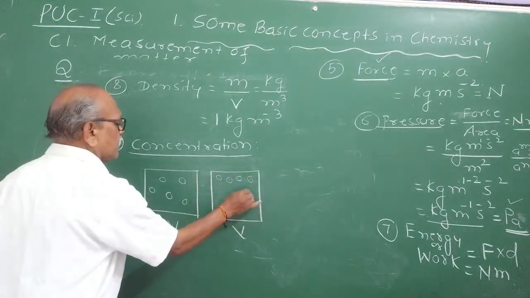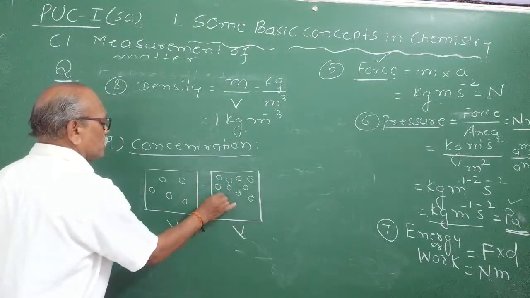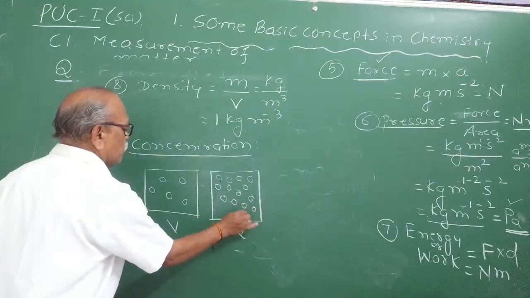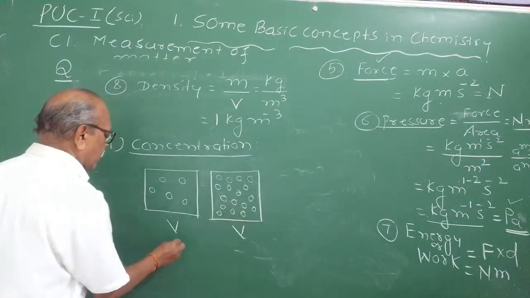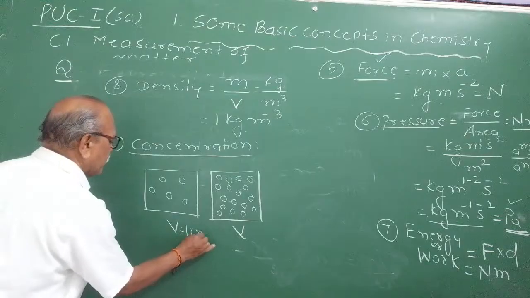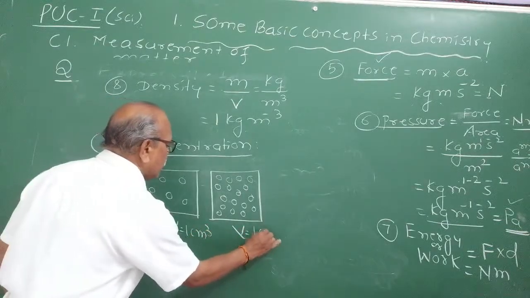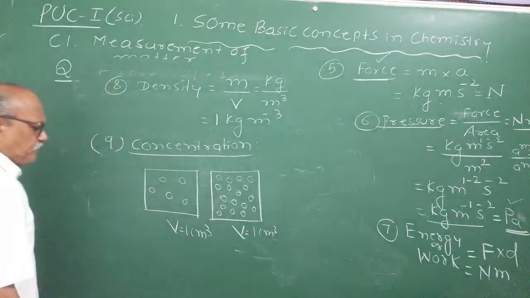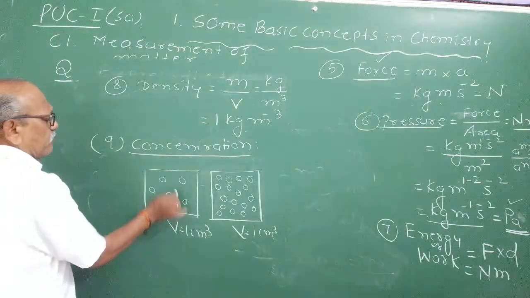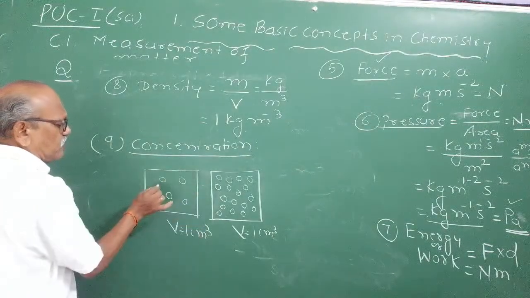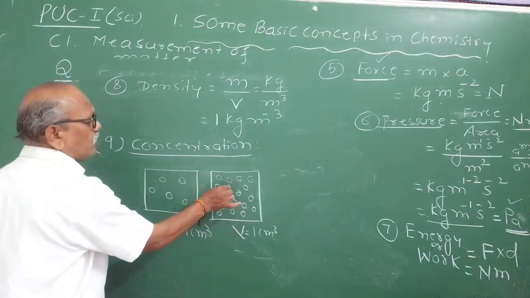Molecules go on increasing. Observe here, in the given fixed volume, 1 centimeter cube. This is also 1 centimeter cube. Volume is there. In one the number is less. Number of particles per unit volume is more.